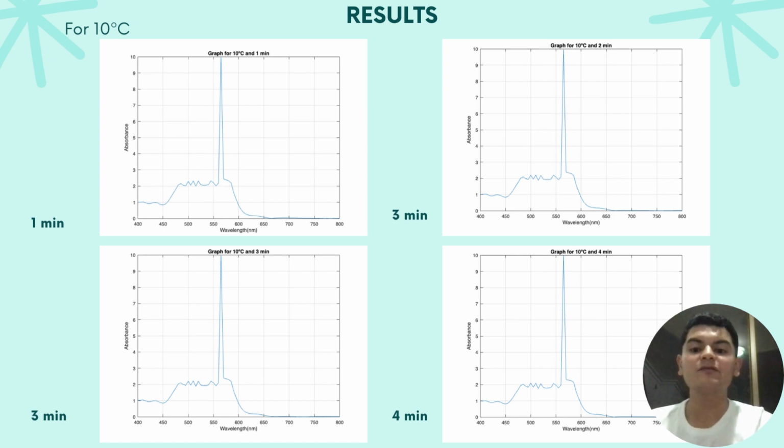Now for the results, we have here first the graphs of the absorbance versus the wavelength. We have here the 4 samples and the water at 10 degrees. We can see that the graphs are quite similar. They have just a little bit of difference, because the last curve is the only difference between the graphs.